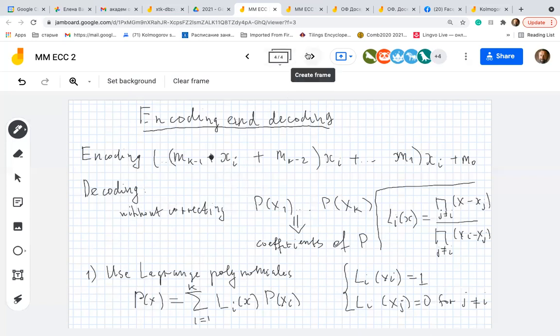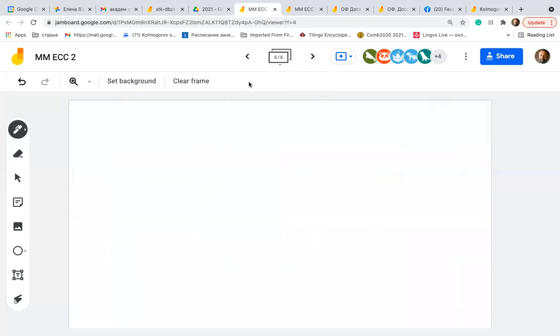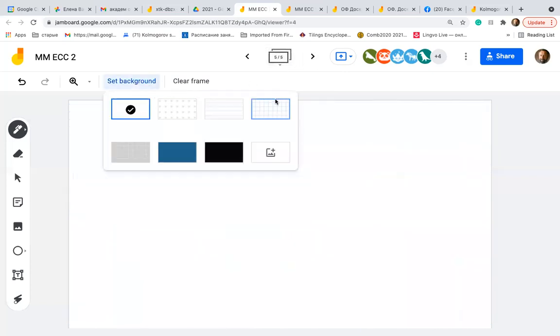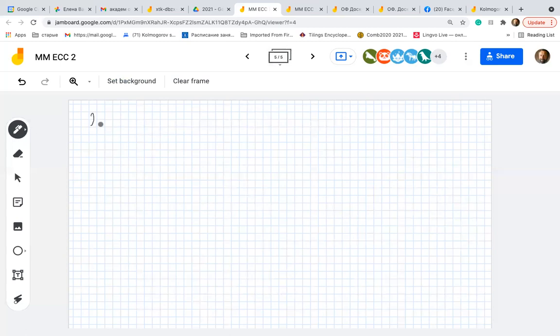And the second method to recover the message from its code word is by solving the system of linear equations. The system looks like that.